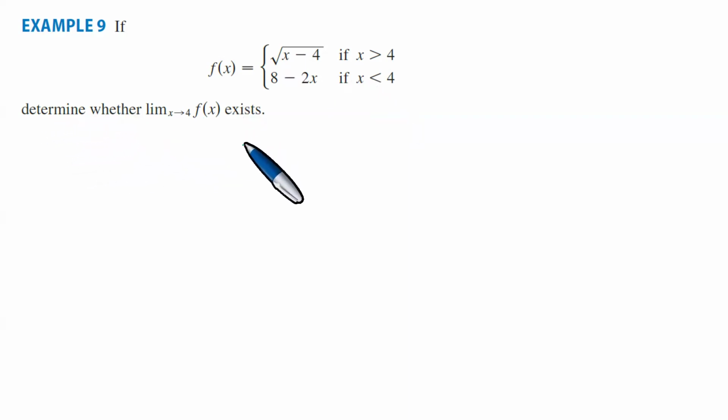This is called a piecewise function. Determine whether this limit exists. I'm giving you 2 minutes and then we'll do it together.